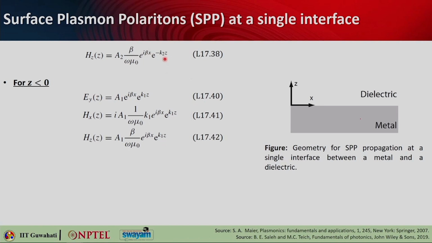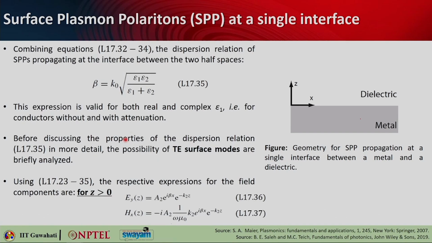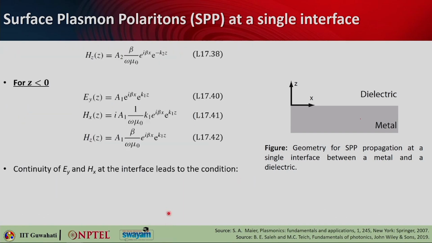In the dielectric it was k2. So this is how you can see the equations are different. All these equations here are A1, A1, A1. For the dielectric you will have A2, A2, A2. Very simple, similar to the previous case.